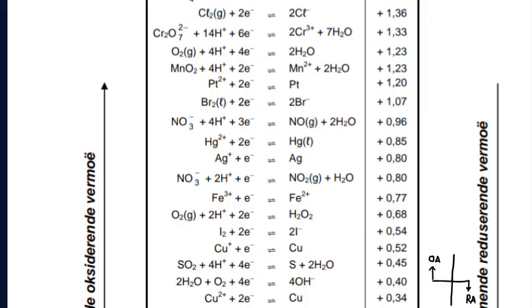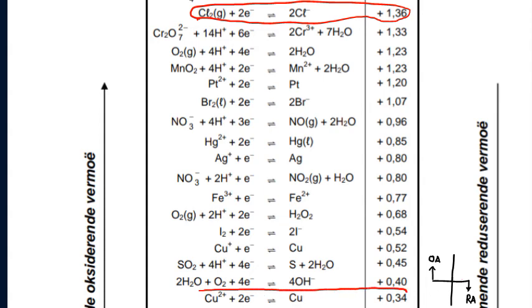Now back on table 4a, remember the direction arrows, which help us to determine the relative strength of our oxidizing agent and our reducing agent. Let's first find the two half reactions that we are being asked to compare. The first one is right over here, the one that contains Cl minus ions. And the other one is copper 2 plus right here at the bottom, with the solid copper for our electrodes.